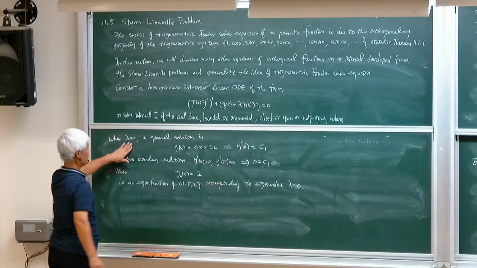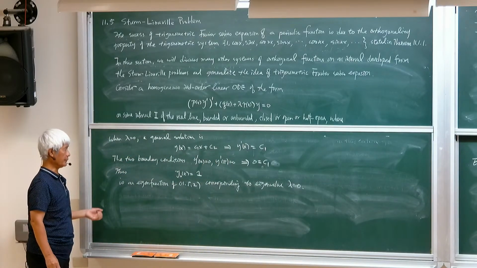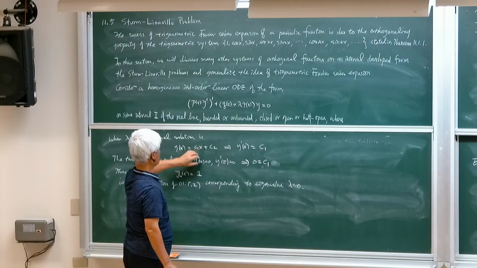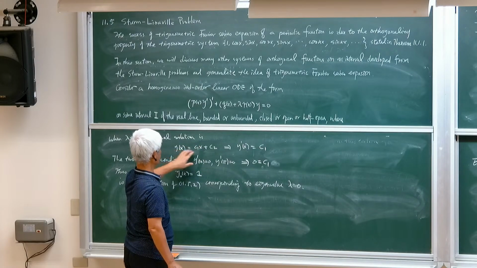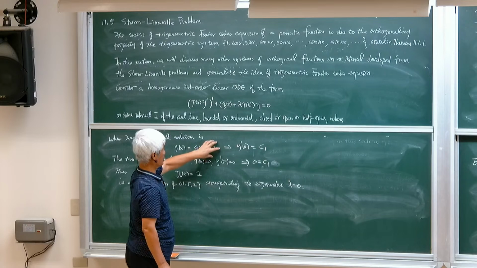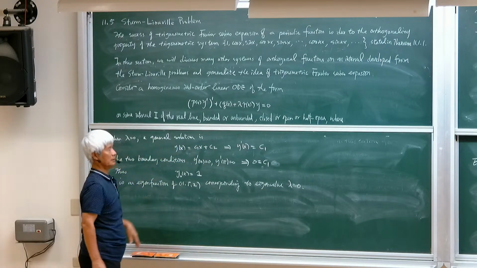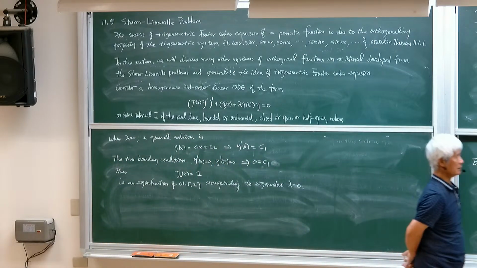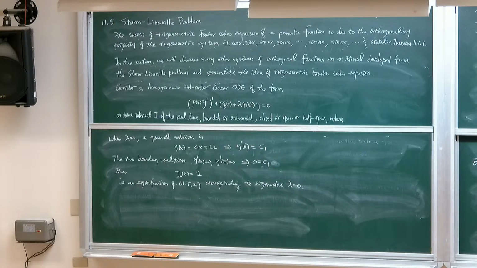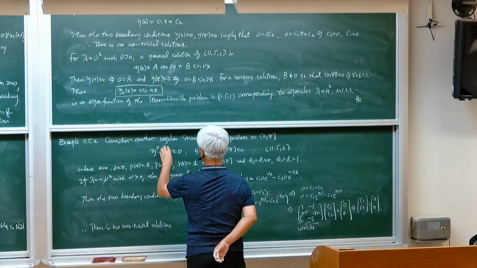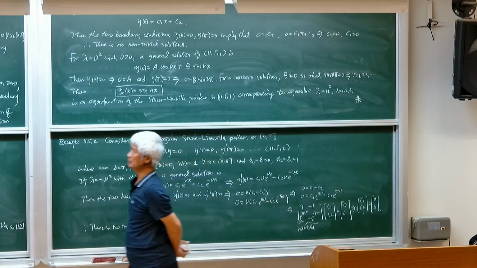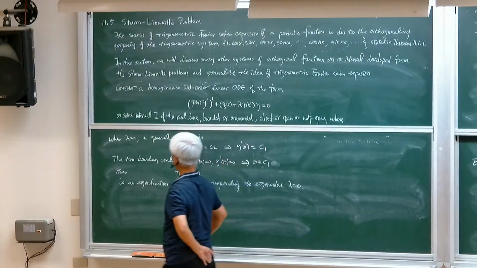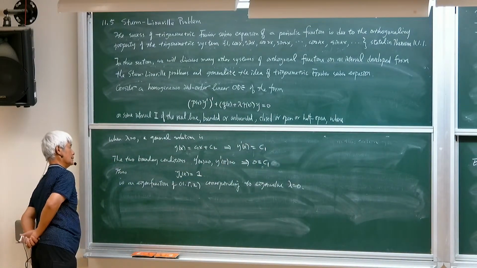So the number 0 is an eigenvalue, and the corresponding function is a constant function, because only C1 is 0, so y(x) equal to C2, a constant. So any constant function will satisfy the Sturm-Liouville problem in 11.5.2. So when lambda is 0, we have a non-trivial solution, a constant function.